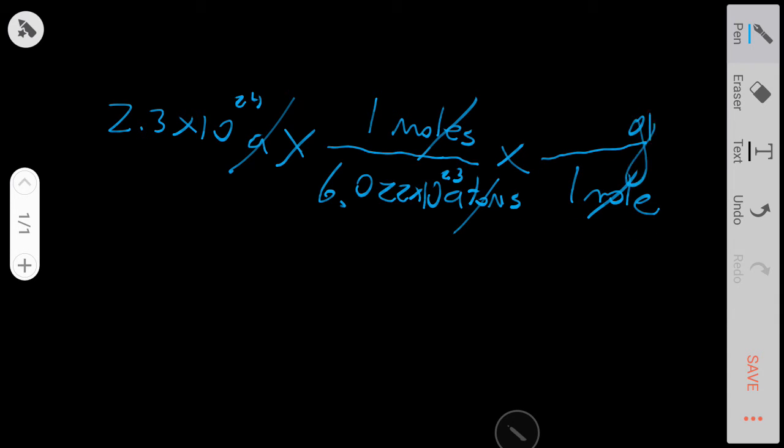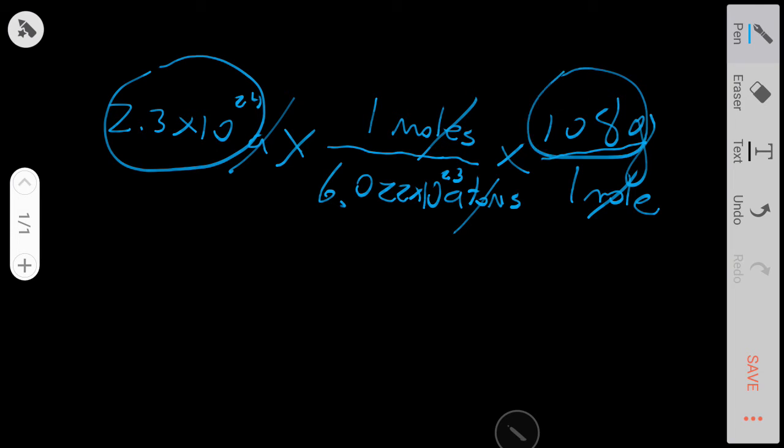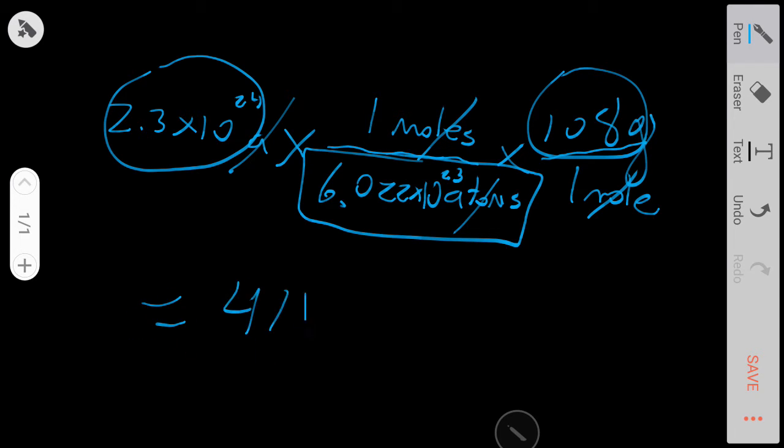Moles cancel out, and here's grams. I'll be left with grams for my answer. In silver, there's 108 grams in 1 mole. So you're going to multiply this number and this number together, and then divide it by Avogadro's number. The total answer should be 412.5 grams of silver.